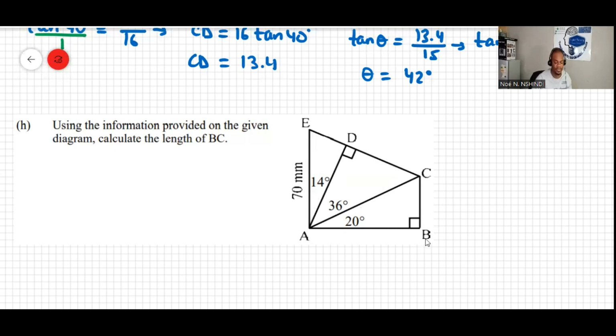Now let's see. Over here, in the first triangle, maybe I should highlight the triangles. In this triangle here in yellow, we have one side given, which is the longer side, the hypotenuse, because this is a 90-degree angle. It must also be 90 degrees.